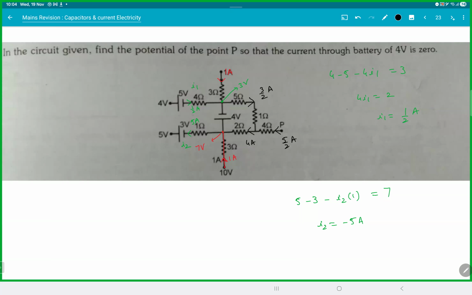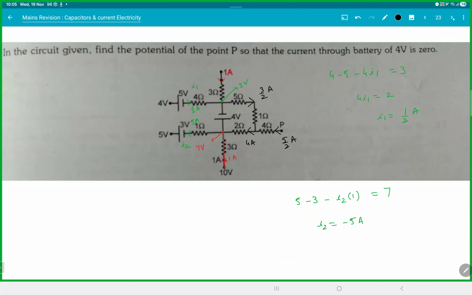Potential right behind 4 must be minus 1. Yeah, that is okay, and that we don't need anyway. I1 is coming minus 1 here. Are these values right? Currents are right?